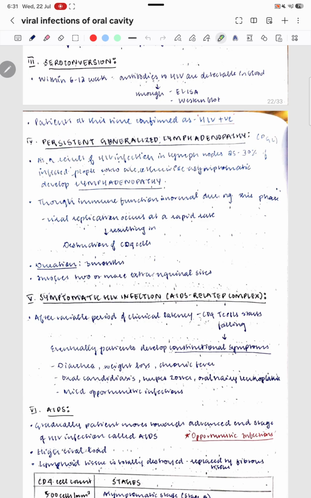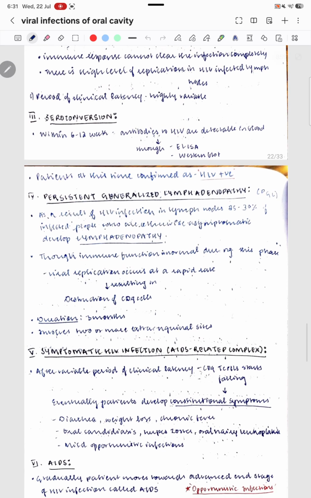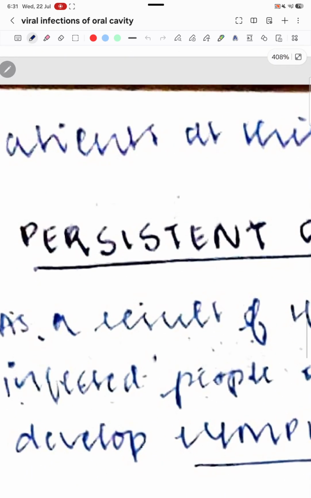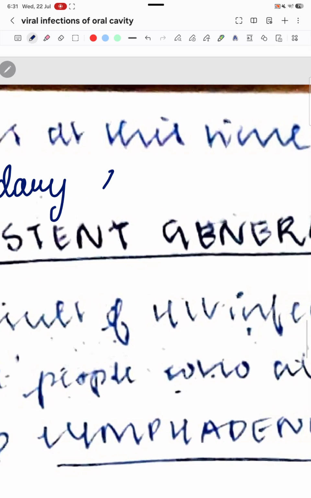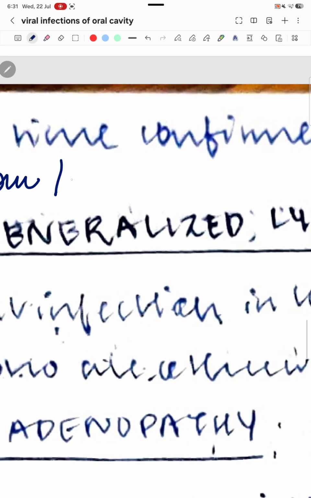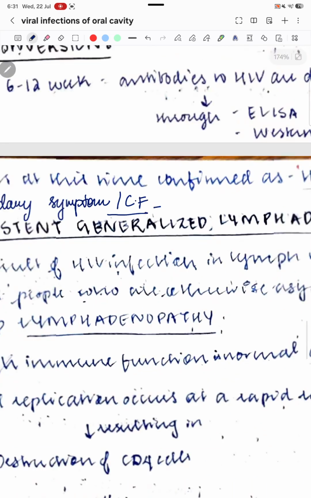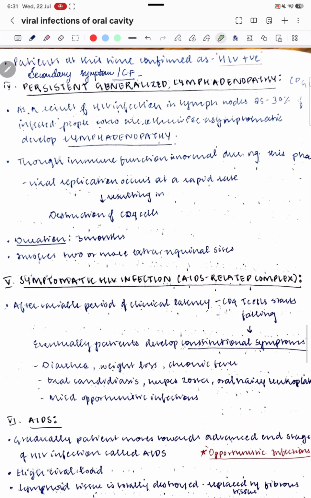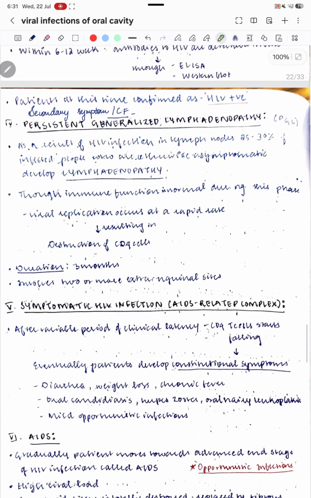Now what occurs after this are majorly the secondary symptoms, or secondary HIV, or secondary clinical manifestations. Now we will see what these are. Your secondary symptoms include, as a result of HIV infection in lymph nodes, infected people who are otherwise asymptomatic develop lymphadenopathy.